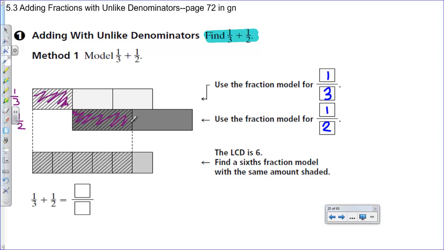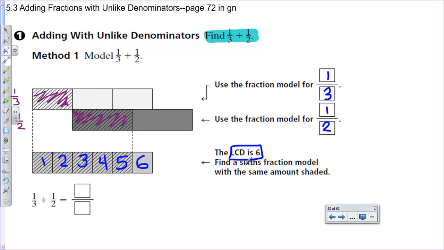I'm going to find equal sections by breaking this into 6. So here's 1, 2, 3, 4, 5, and 6. How did we get 6? Well, 6 is our LCD.